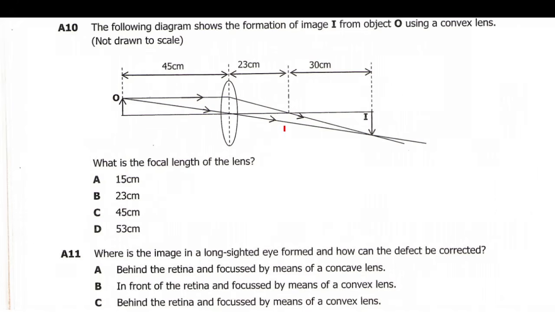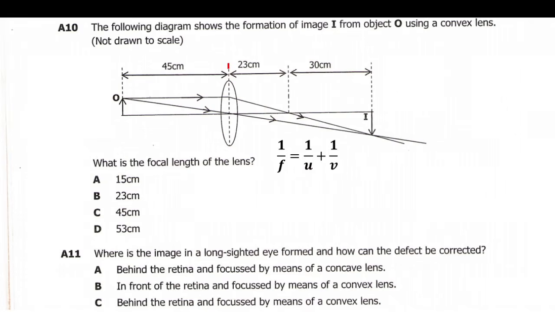So focal length is the distance from the focal point to the center of the lens. That's what they need here, which we can calculate using this equation. The equation says 1 over focal length is equal to 1 over u, which is the distance of the object from the center of the lens.